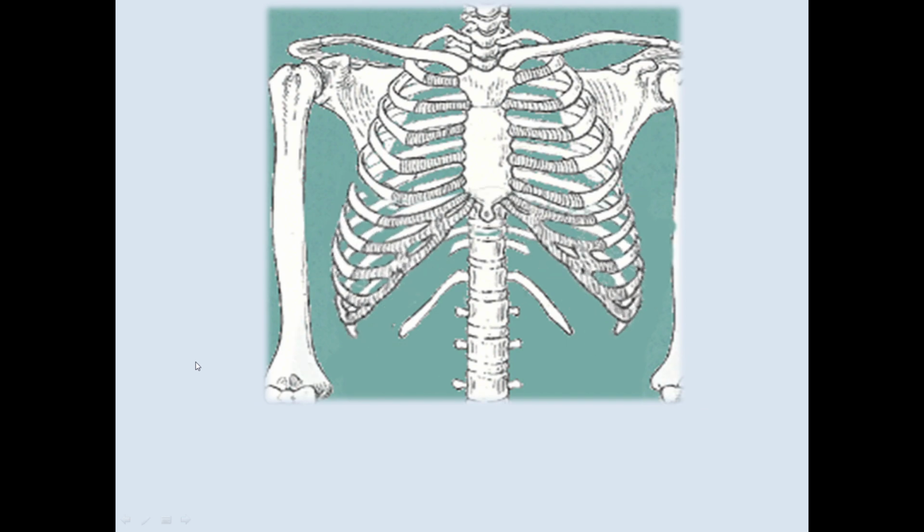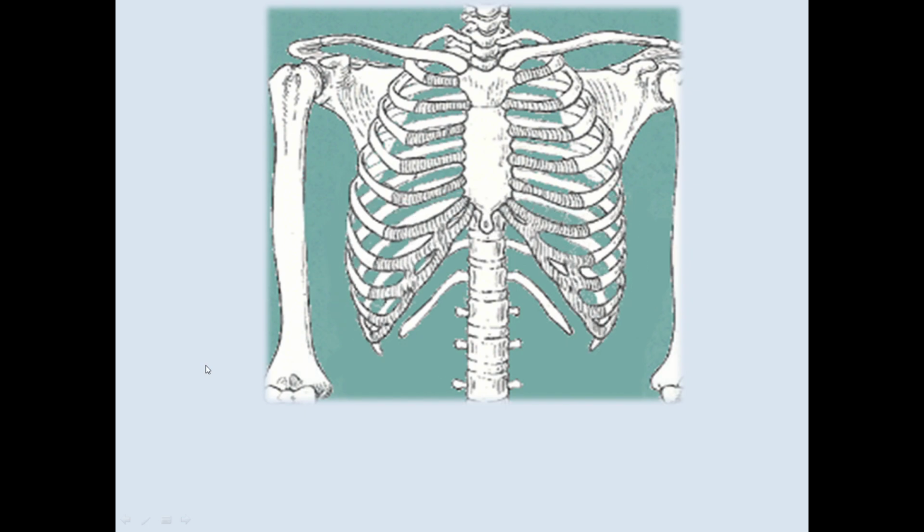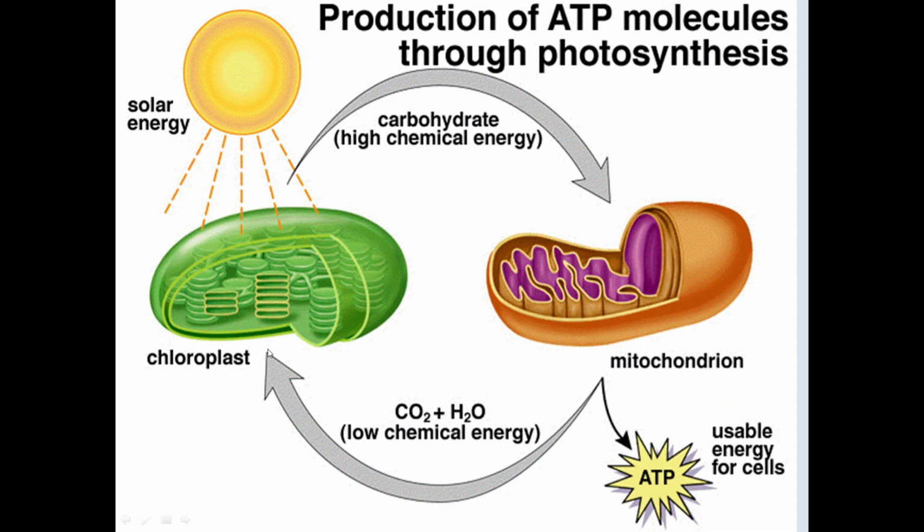Some organisms show respiratory movements. Human beings, fish, dogs, you might have seen, show respiratory movements. But some organisms do not show any respiratory movements. Plants also respire, but you can't see movements in plants when respiration occurs.